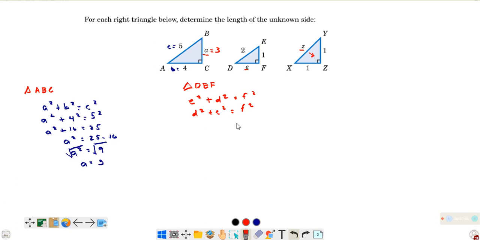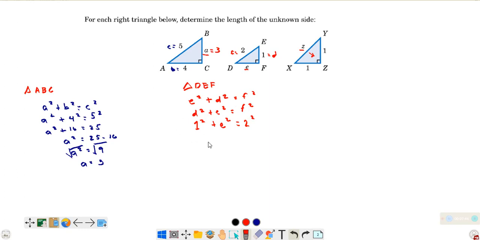Let's continue our solution. Let's substitute the value of F and D. So ito yung F, yung hypotenuse, at ito naman yung D, yung katapat ng point D. So this is side D. Side D is equal to 1 squared, plus E. Unknown si E, so E squared pa rin siya. And then para naman dito kay hypotenuse F, we have 2 squared.